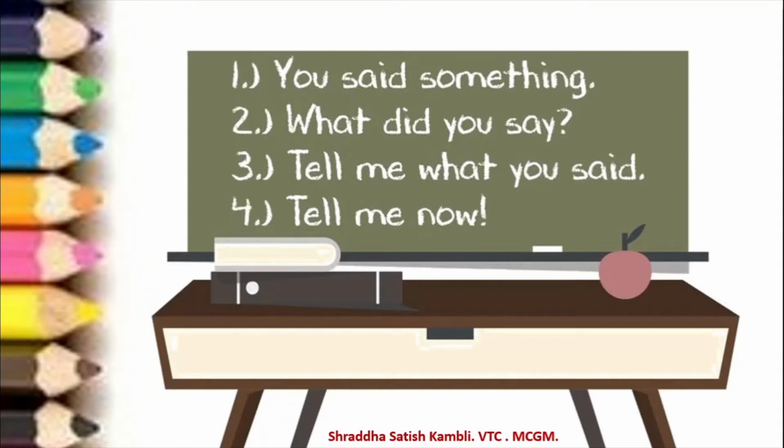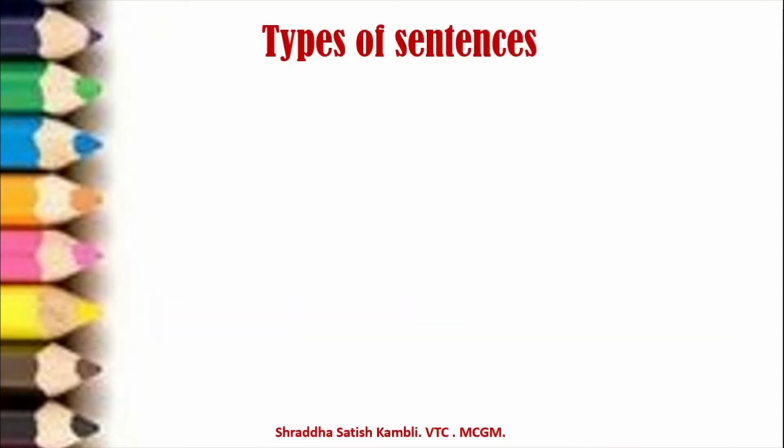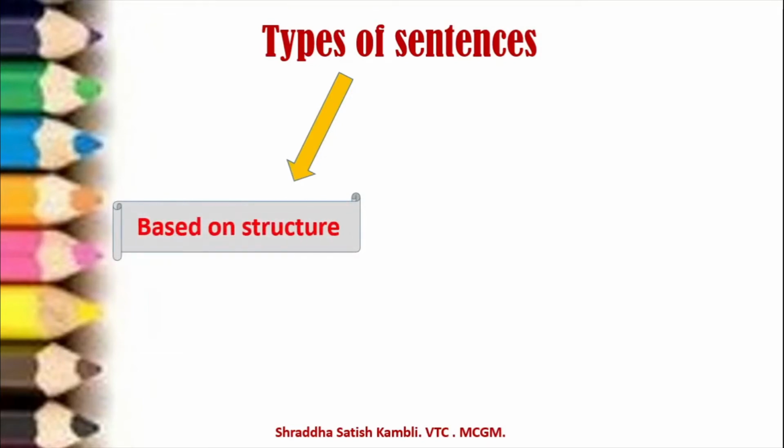But when I say different types of sentences, again there is a lot of confusion in our brain, because types of sentences can again be of two types. Okay? What is the first type of sentence? Sentences based on structure. And when you talk about sentences based on structure, you have different types.